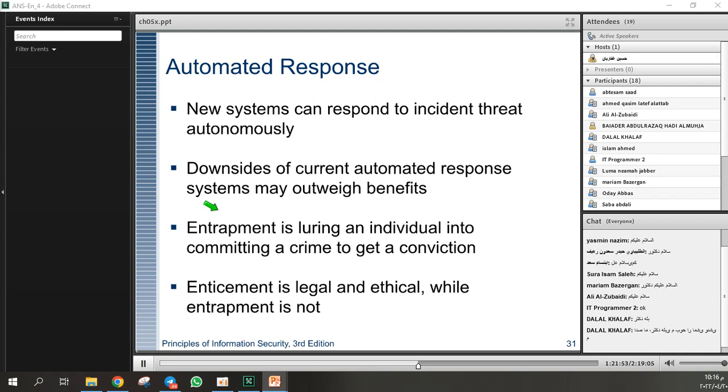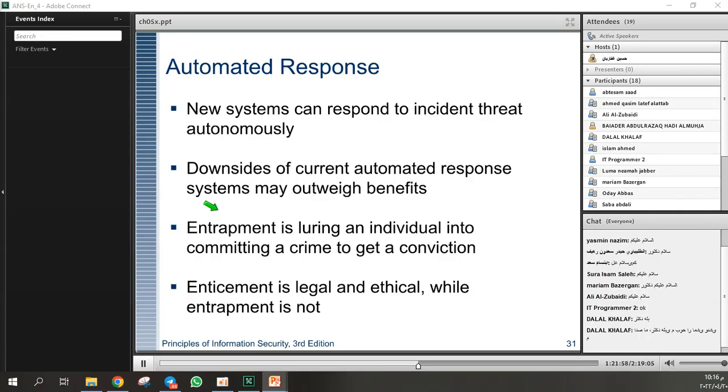For example, I decided to steal something, rob something. Someone says so, and the police come and say, okay, you decided to rob something. Oh, you are under arrest and you must go to prison. Why? Because you decided to rob. This one is not legal. Why? Because I did nothing.